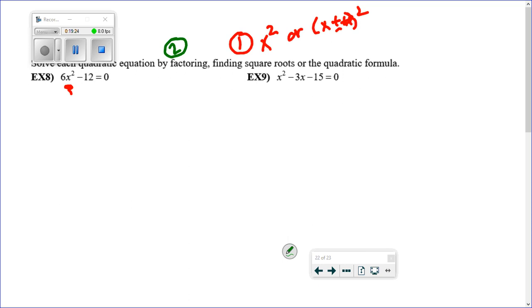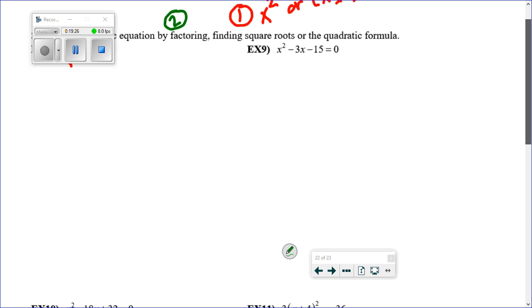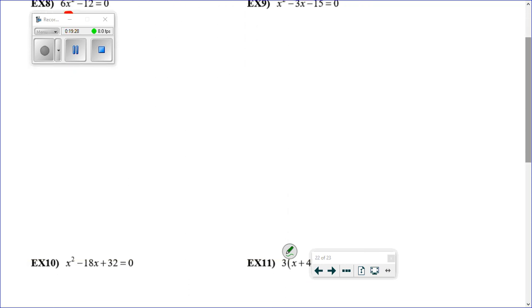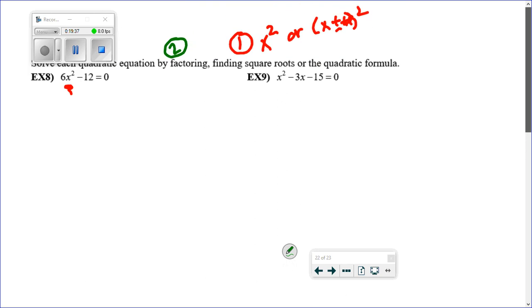So thinking about question 10. Can you factor question 10? Yeah, you can. So go ahead, factor that one. That'll be the easiest way to solve question 10. So going through your process, you can't factor it. What do you do if you can't factor? You are using the quadratic formula. So this is for when you cannot factor.